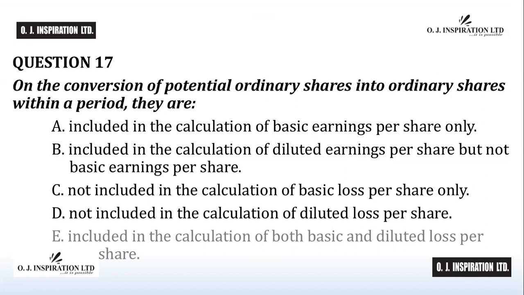They are also included in the computation of basic earnings per share onwards. Therefore, it also holds that on the conversion of potential ordinary shares into ordinary shares within a period, the shares are included in the calculation of both basic and diluted loss per share. E is the answer to question number 17.